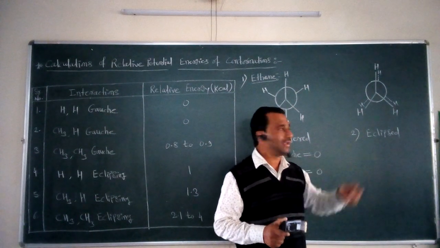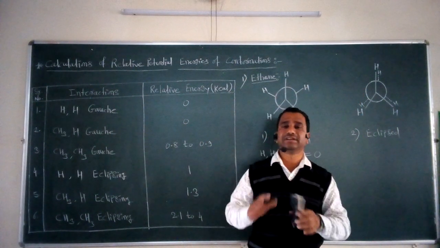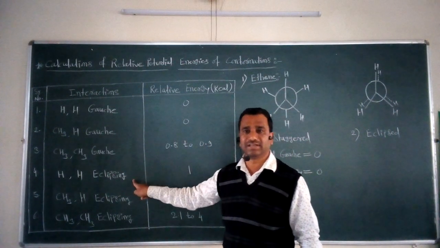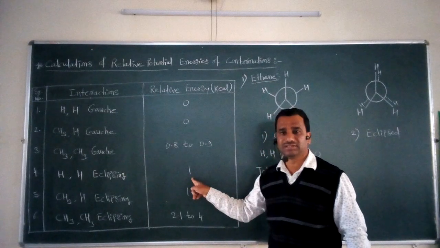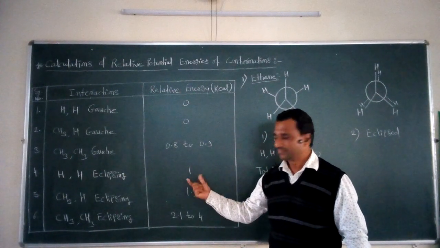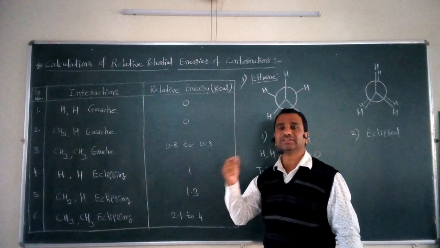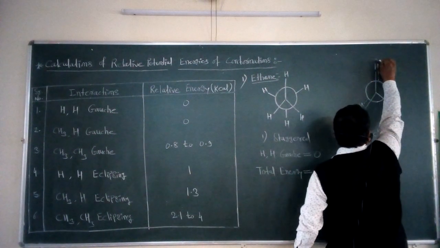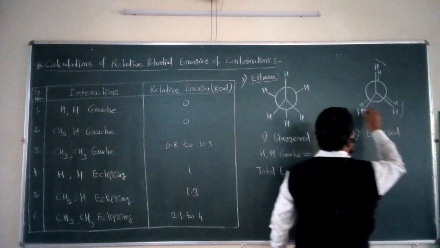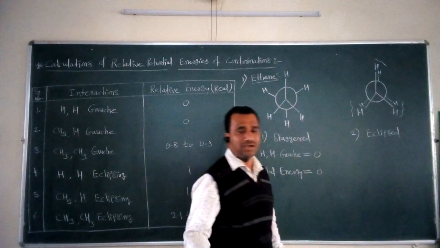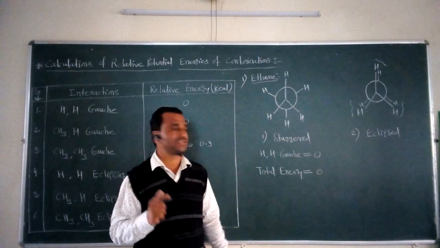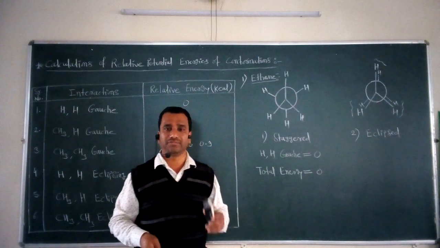And we know very well that if a hydrogen eclipse interaction is there, we have to take the relative energy as 1 kilocalorie. Now how many HH eclipse interactions are there? This is the first, this is the second, and this is the third. So 3 hydrogen eclipse interactions are present in this eclipse conformation of the ethane molecule.